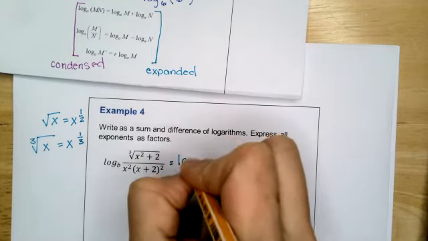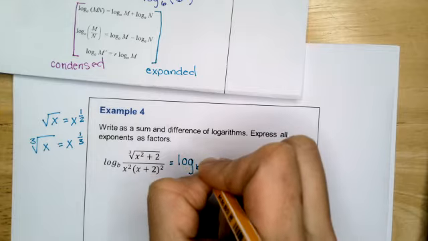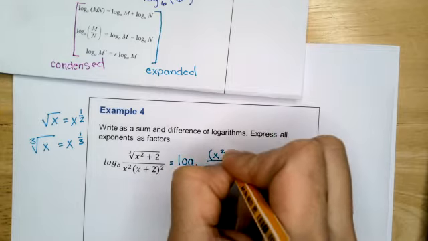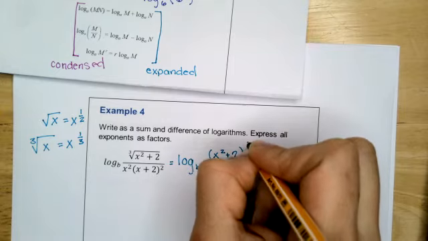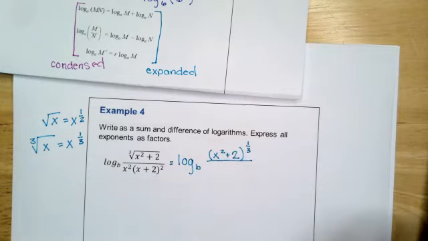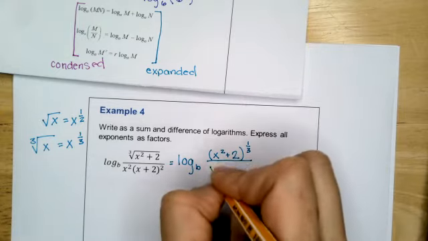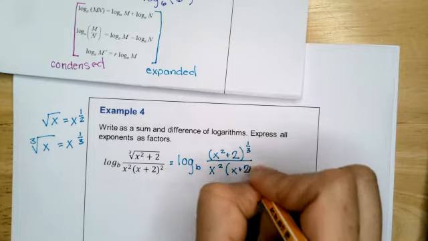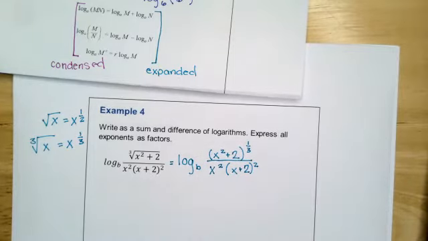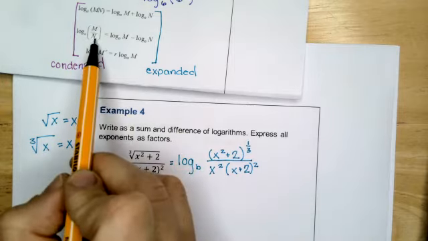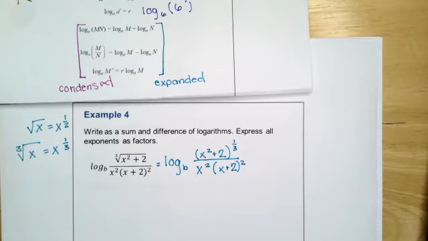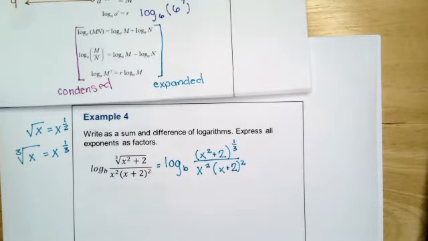So I'm going to rewrite this as log base b of x squared plus 2 to the power of 1/3 over x squared times x plus 2 squared. I'm going to use this rule before I use this rule to expand.